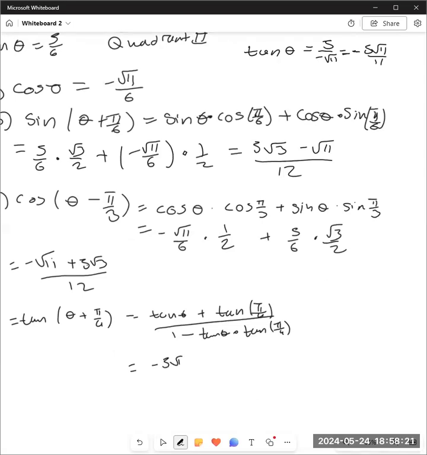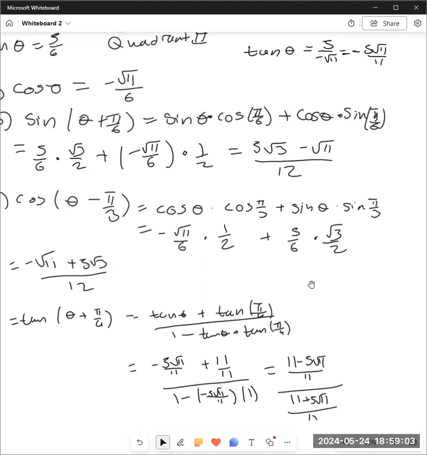negative 5√11/11 plus 1, which is going to be 11/11, over 1 minus negative 5√11/11 times 1, which is going to be 11 minus 5√11 over 11 plus 5 root 11 over 11.